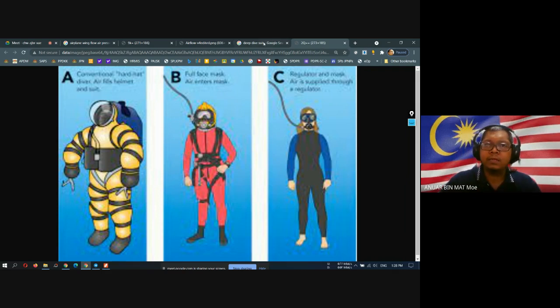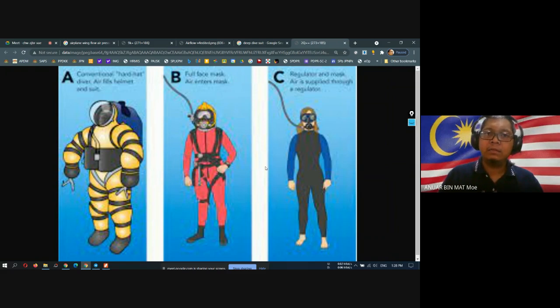Okay, so these are the suitable suits for divers in order for them to withstand the liquid pressure, because as you go deeper, the pressure is higher, and maybe it can kill you. If you go deeper without any protection, it can kill you. Because you must remember, our lung inside is filled with what? Air or liquid?